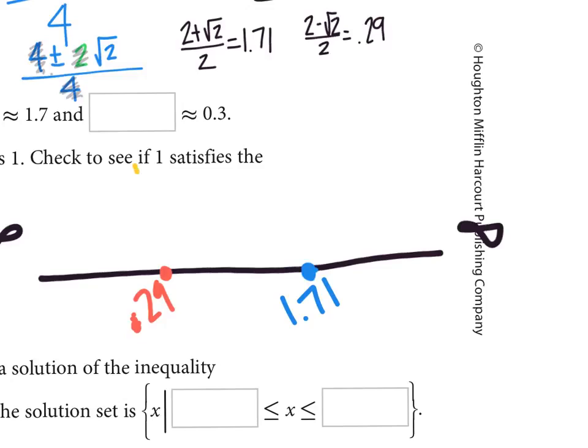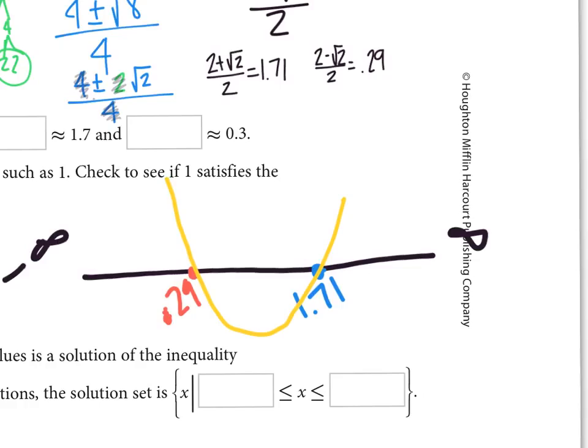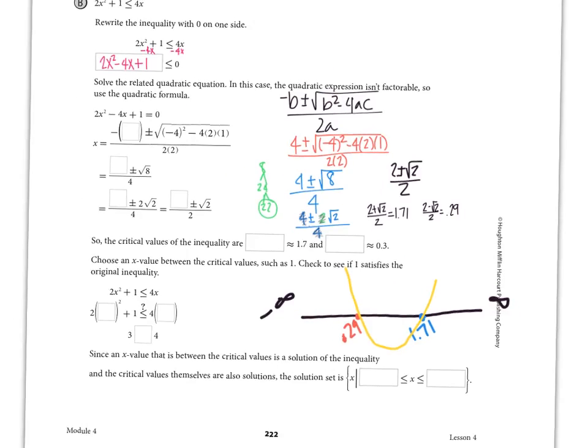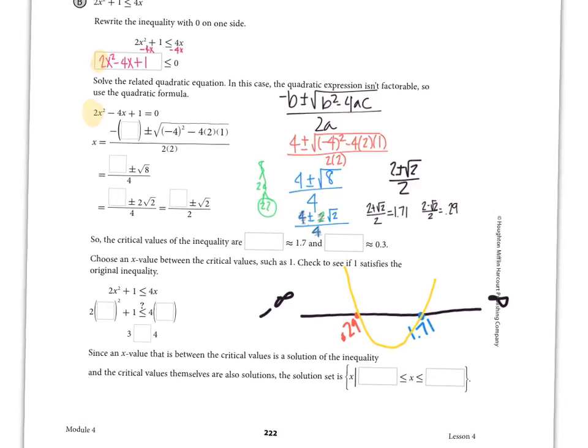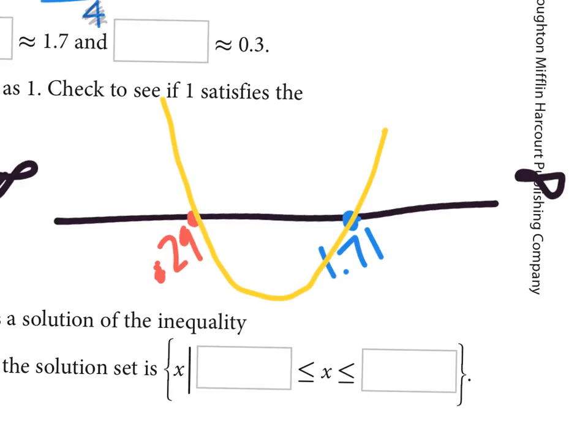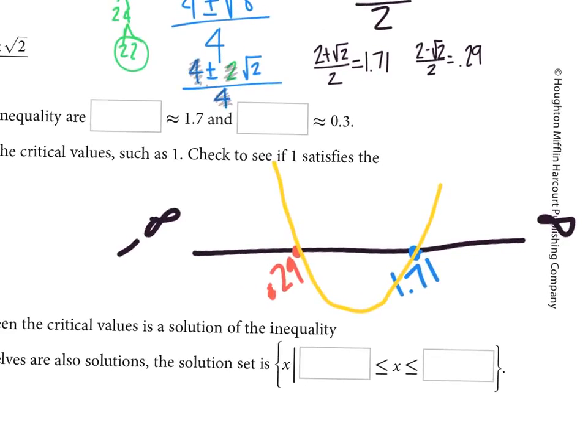It's going to open up, and the reason it opens up is because A was positive. Going back to my original problem, the number in front of x squared, my 2, was a positive 2. So if I look at my graph, I have 3 intervals. My first interval is from negative infinity to 0.29. Where is the graph on this interval?